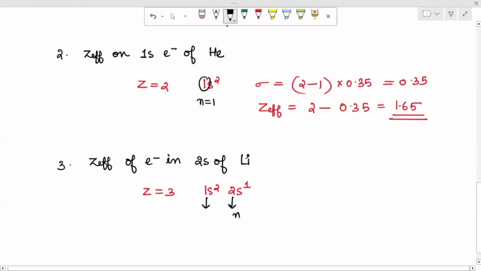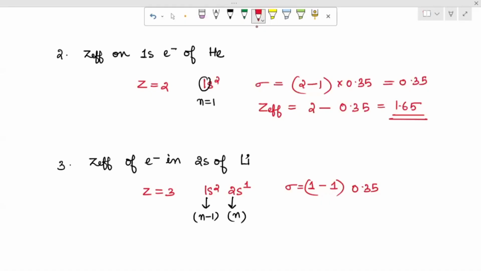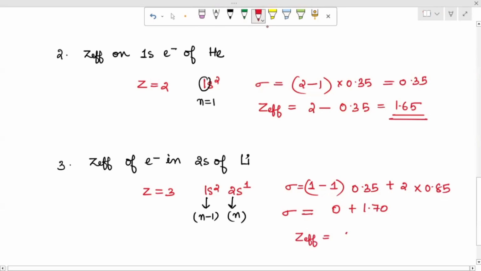This is n and this is n minus 1. How many electrons are there in n? Only one electron. So the equation is (1 minus 1) into 0.35. In n minus 1, there are 2 electrons, just 2, no minus 1, so 2 into 0.85. There are no rest of the electrons, everything is counted. So this is 0 plus 2 into 0.85, which is 1.70. This is the screening constant. So Z effective is 3 minus 1.7, which is equal to 1.3.